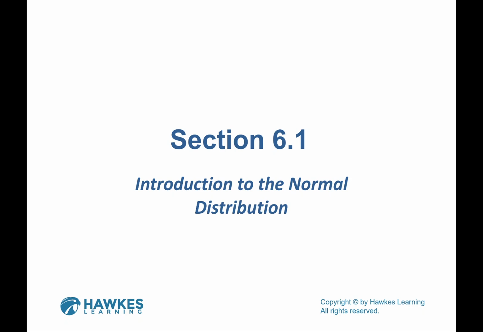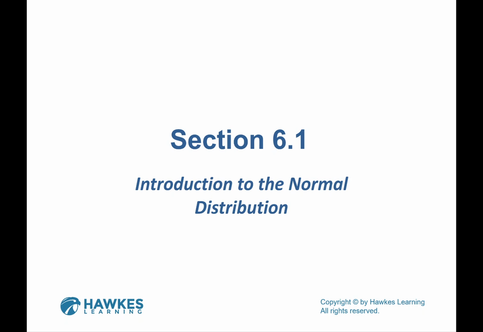Okay. All right, so moving into chapter 6, what we're dealing with here is a new type of probability distribution. So in chapter 5, we worked with the binomial distribution. The binomial distribution is what we call a discrete probability distribution, because with binomial variables, it only takes on certain values of the variable.